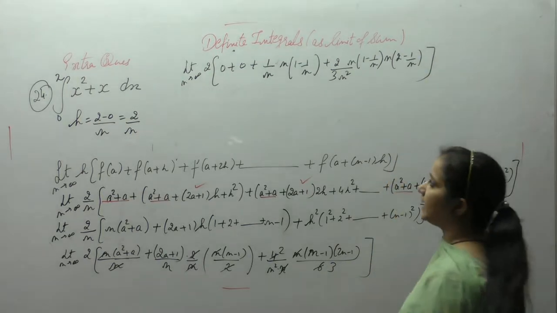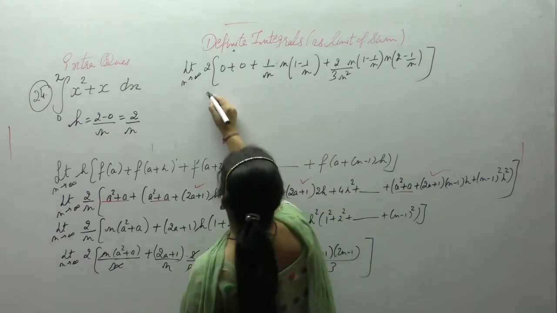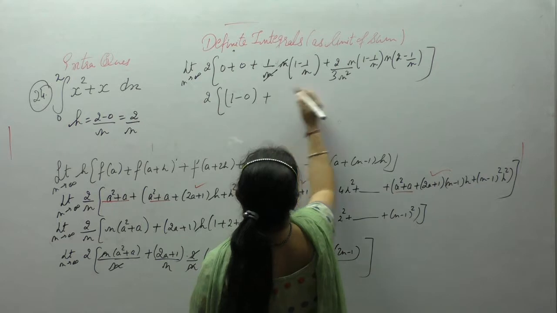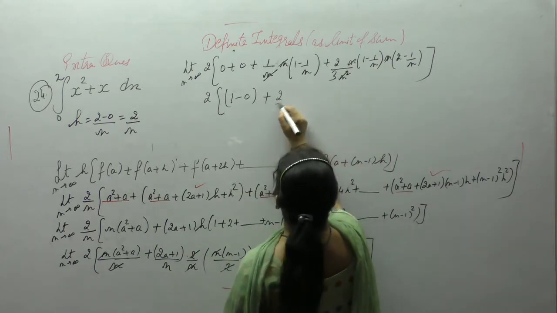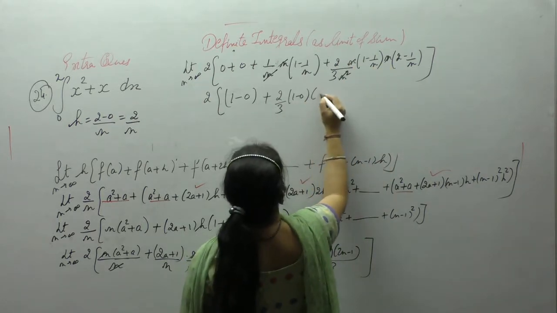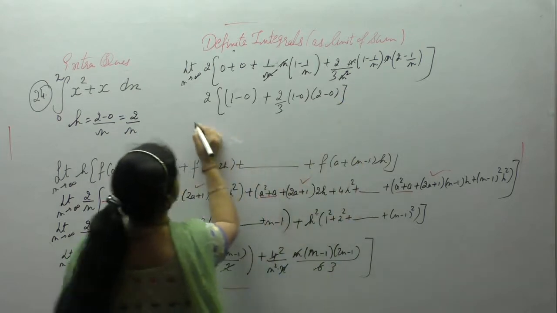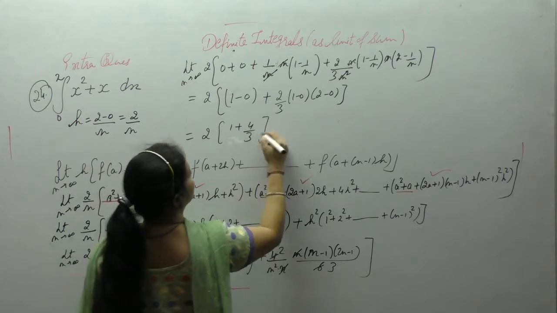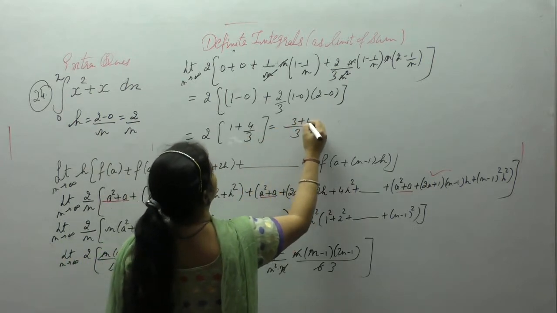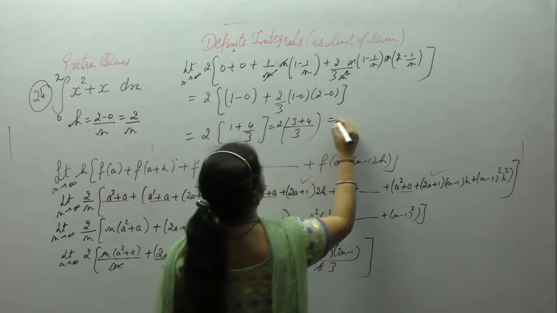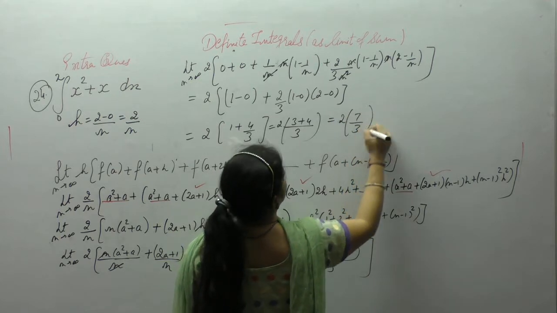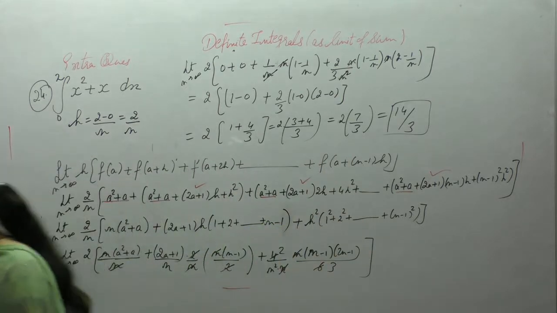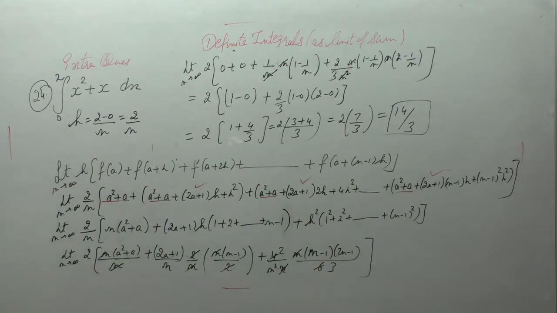Now put the limit n tends to infinity, then 1 by n will become 0: 1 minus 0, 2 by 3, 1 minus 0 and 2 minus 0. 2 into (1 plus 4 by 3), 3 plus 4 is 7, 2 into 7 by 3, that is 14 by 3.